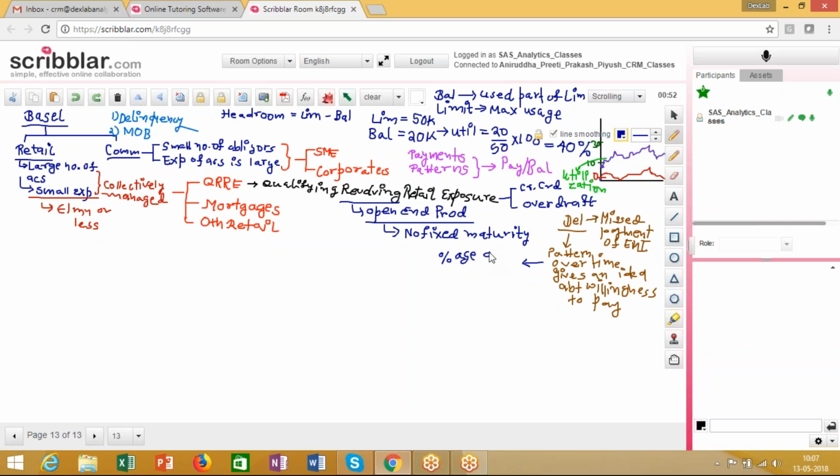The percentage of months delinquent over the last 12 months.